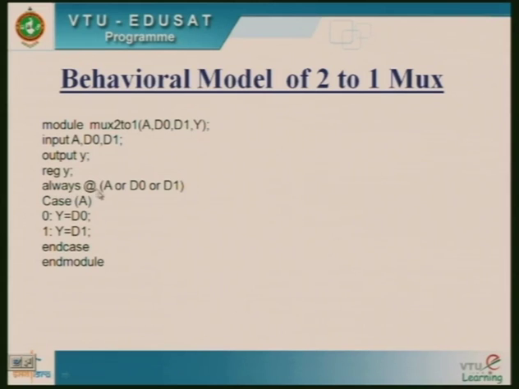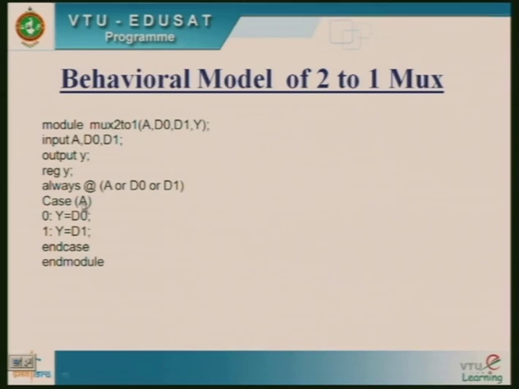So always at either A or D0 or D1, in the sense if any of these variables is going to change, then my functionality is based on A. I am using a case statement here followed by the condition.